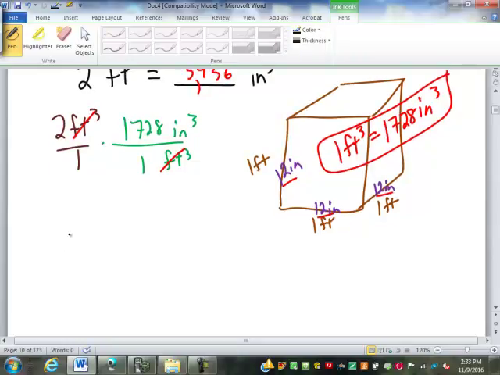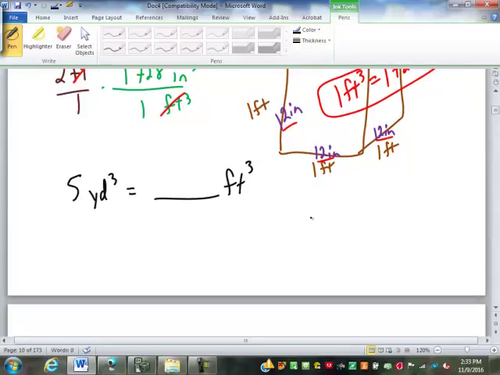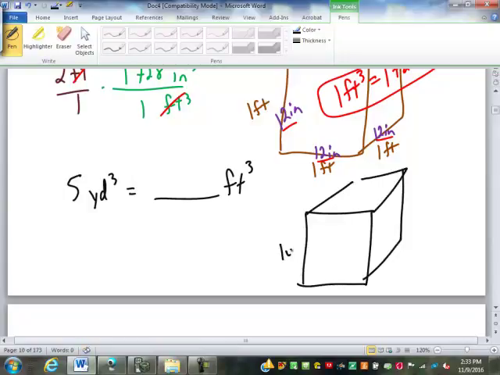Well, what if we have 5 cubic yards and we're going into cubic feet? Well, it's the same thing. A cubic yard is defined to be a cube that is 1 yard by 1 yard by 1 yard.